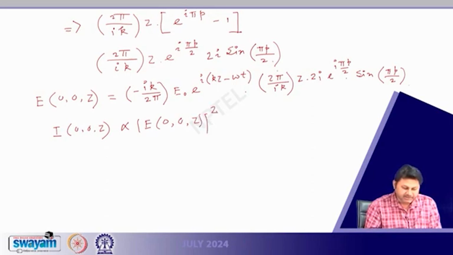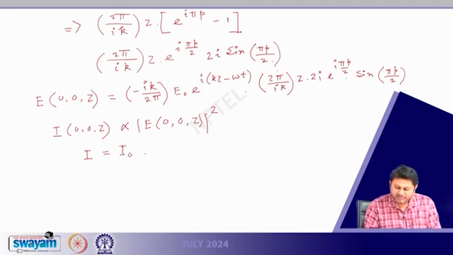If that is the case, we have a very interesting looking expression: I is equal to some constant I naught, and all the terms having i will cancel out, and essentially we have sine square.